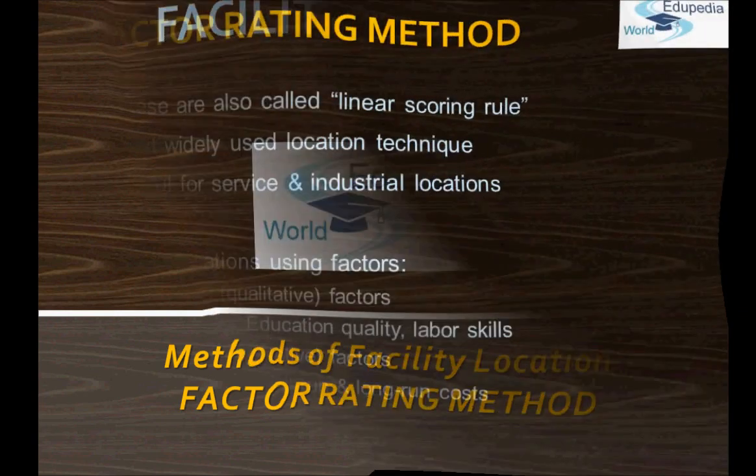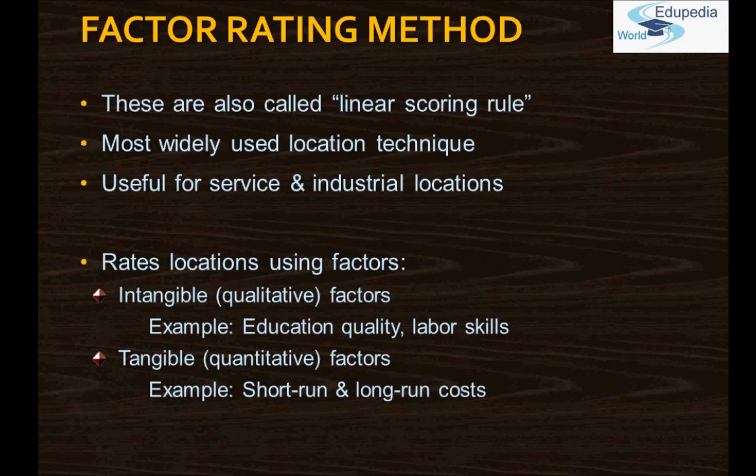Factor rating method is supposedly the most widely used location technique because of its simplicity, and this method is used to locate both the service industries as well as the production or the manufacturing locations. These are also called the linear scoring rule, and the factors could be of both types.